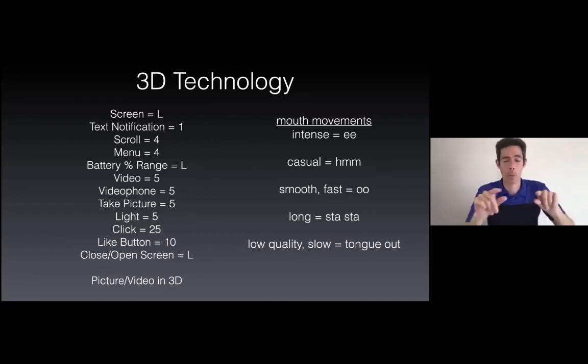Or if it seems like it's working really hard, or it goes really fast, or it's harder to get that open. So again, it's the 3D plus the mouth movements working together. If I were to translate that into an English sentence, there'd be a lot of words. But as you show it in sign, all the information is there and it's very visual.